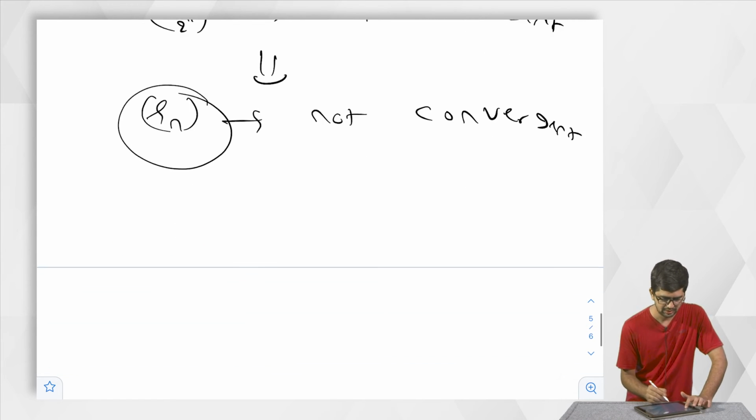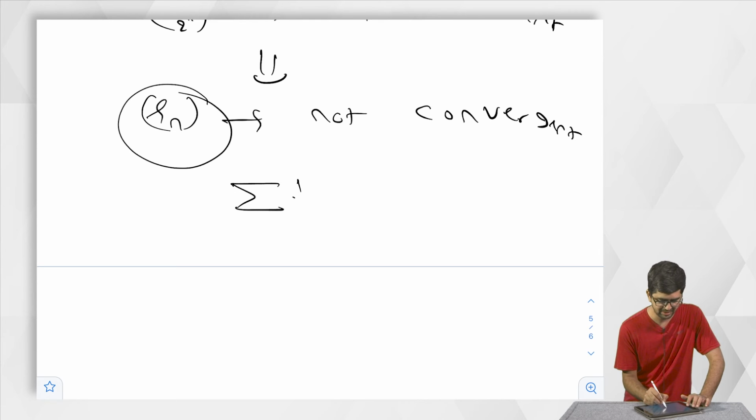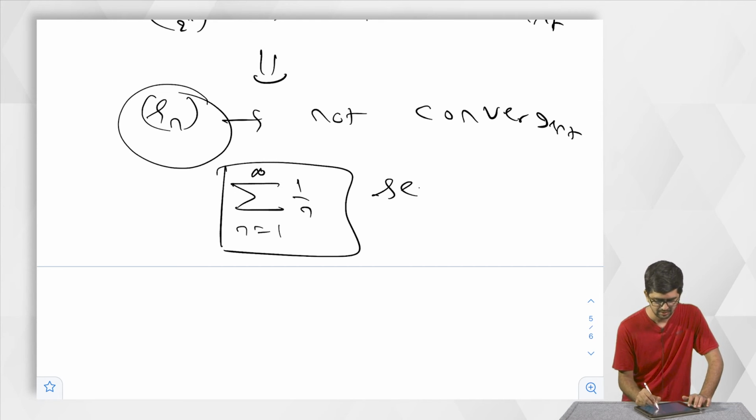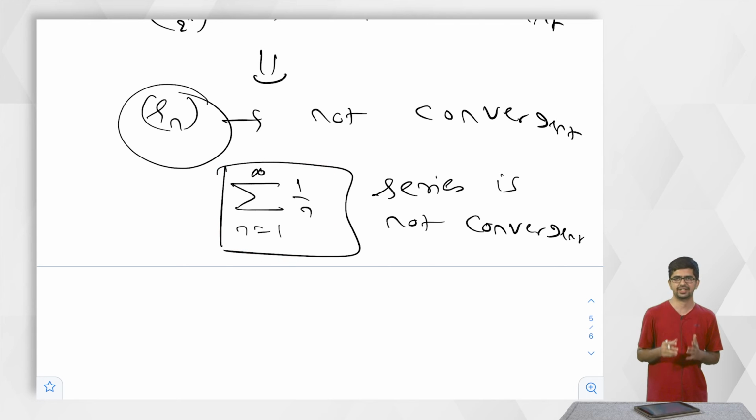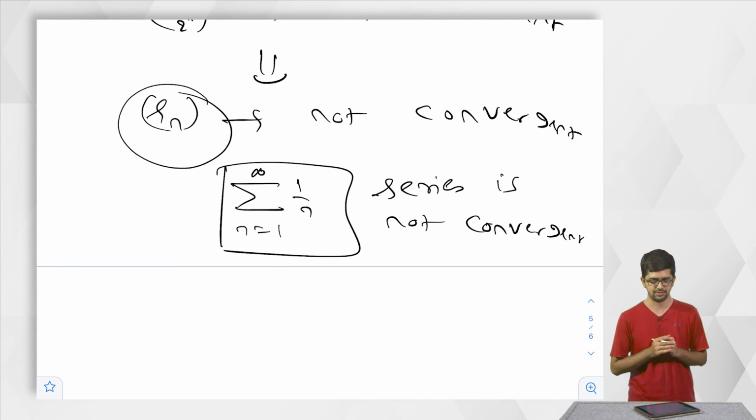So this series, sum of 1 by n from n equals 1 to infinity, is not convergent. So this symbol does not really make any sense. That's what we conclude.